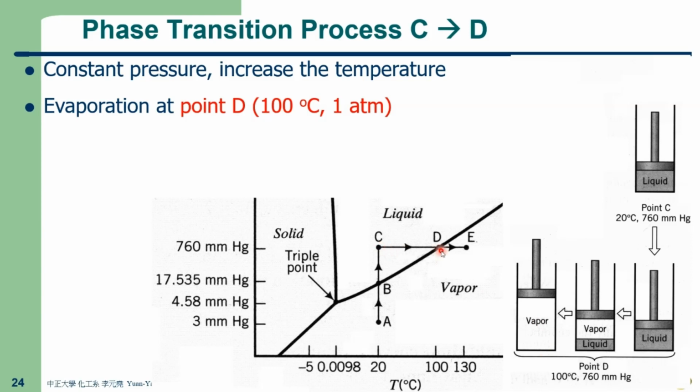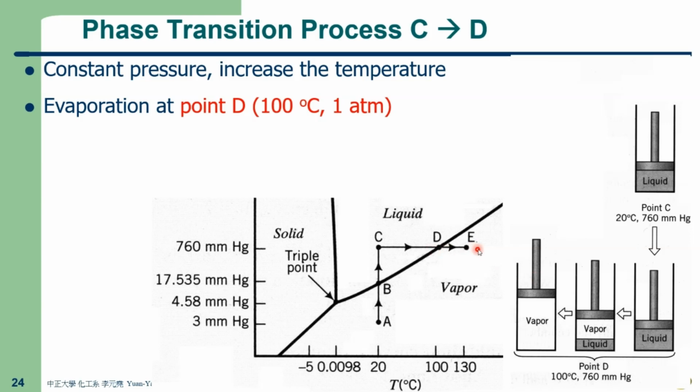And at D, even though you increase the temperature, you stay at 100 Celsius and 760 millimeters of mercury until all the water becomes vapor, and then the temperature will increase.